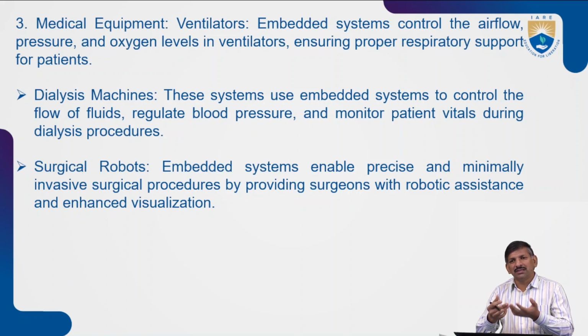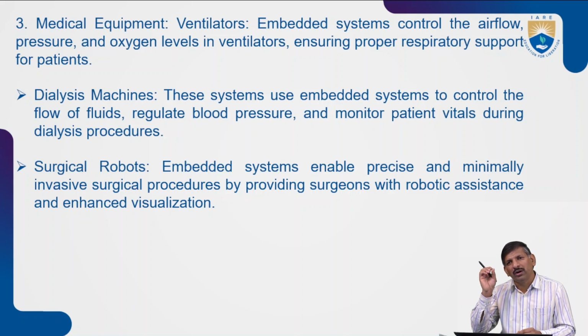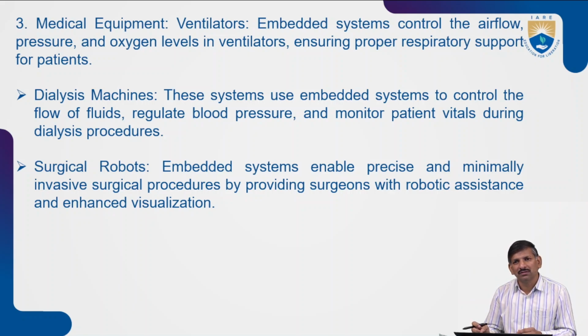So in some conditions, human beings may make some errors, human error. At that time, we are designing robots to do the operations. We are putting exact measurements, like 0.5 measurement. For that purpose, sometimes we are using surgical robots. Robots will do the operations.